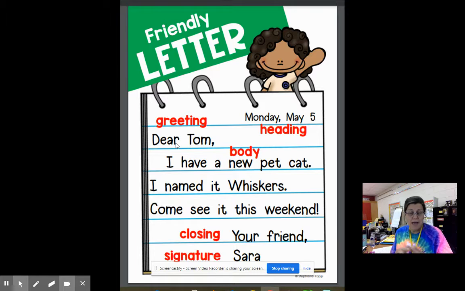And then if you remember Mouse, what Mouse did, he picked some flowers and he went to see Snake, and he wanted to give Snake some flowers to let him know how much he thanked him for his friendship. So that's the kind of letter I want you to be thinking about writing today.